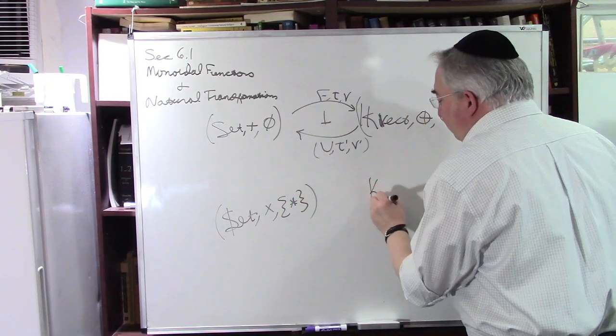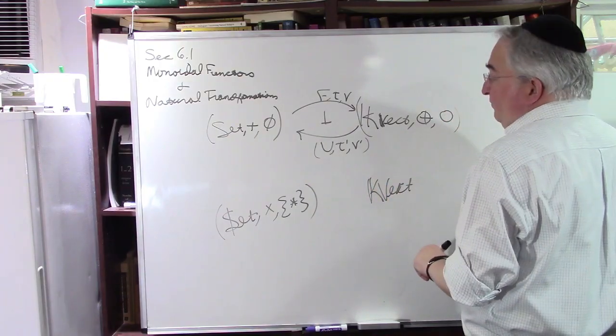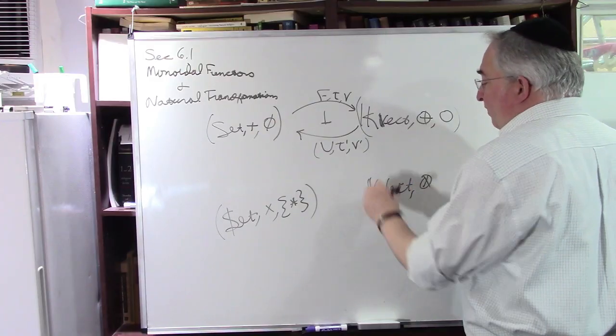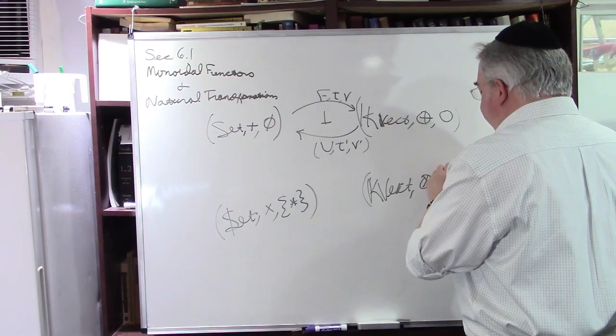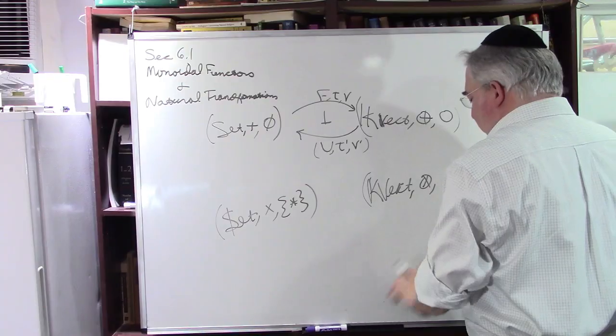And then you have k vector spaces. I think I might have talked about C vector spaces. Okay, and we have the tensor product of k vector spaces, and we have k as the unit over there.